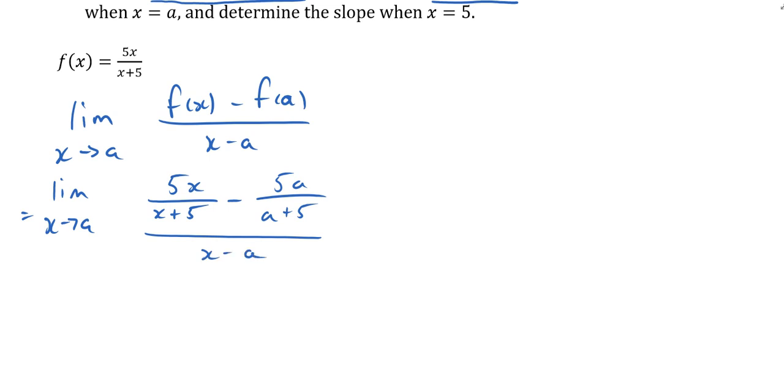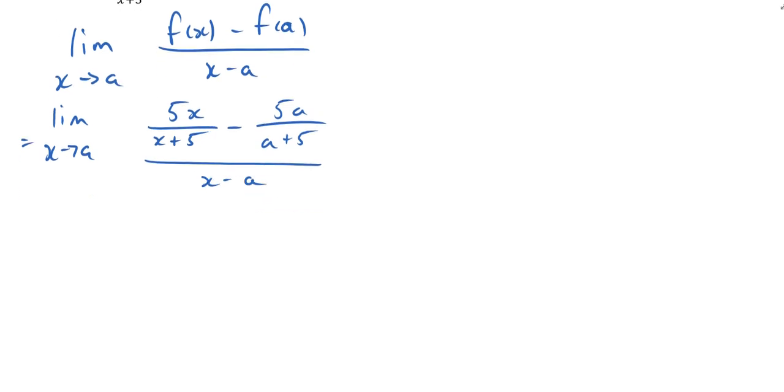Okay, so in this case, I'm going to do a common denominator on top. Or you could do the fraction over fraction like we did in the last one. So a common denominator is like I'm multiplying numerators by the other denominator.